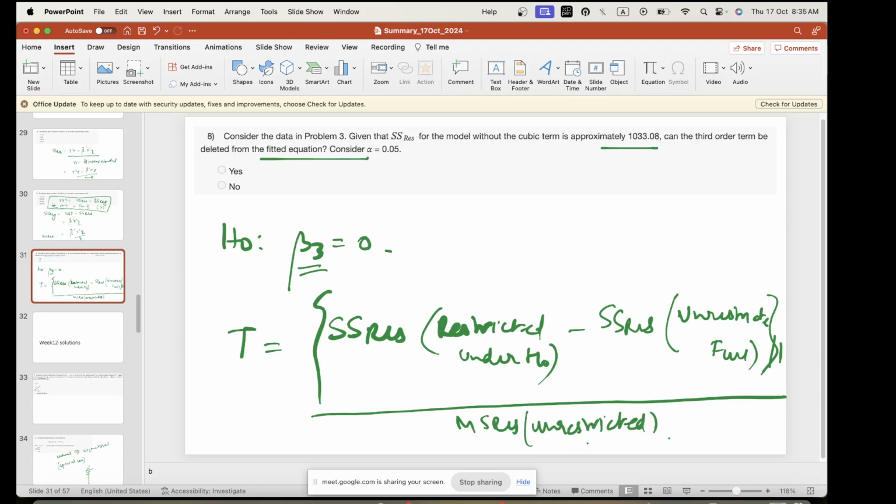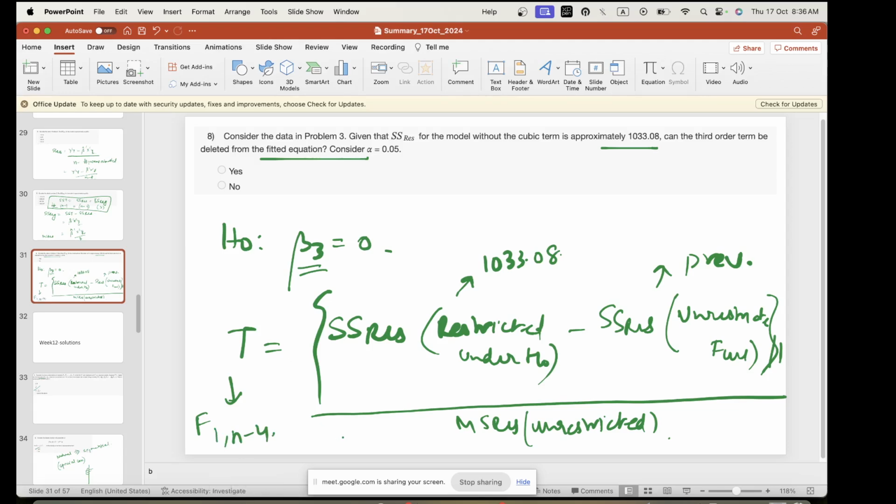Right? Yes, ma'am. So here we have been given the SS residual without the cubic term, 1033.08. From previous we will have this, and MS residual unrestricted also we have. So what degrees of freedom will this F statistic follow? It will be 1 comma n minus 4.